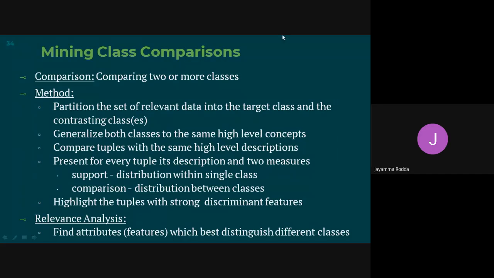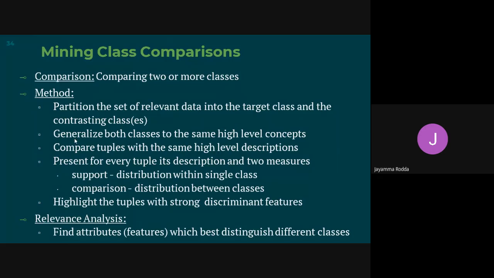Next, we do the generalization process. In generalization, we maintain the classes at the same high level, so that both of them have the same set of attributes and similar types of attributes. In that way, they can be compared to each other.